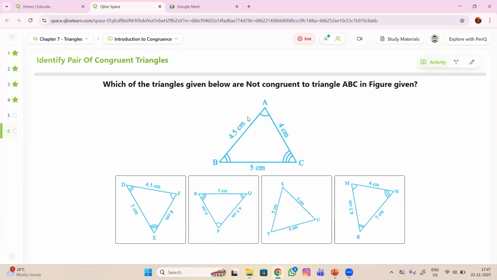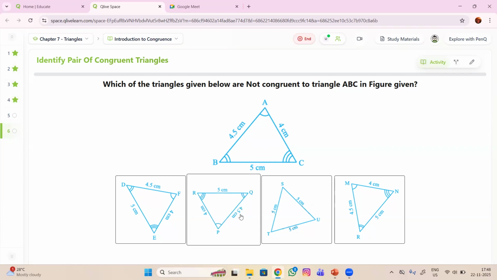So now we conclude what you mean by a congruent triangle or a non-congruent triangle. Look at the figure. Which of the triangles given below are not congruent? Look at the three sides: 4.5 centimeter, 4 centimeter, and 5 centimeter.